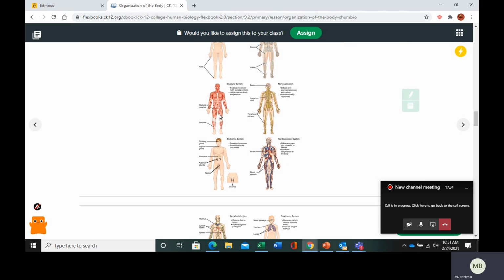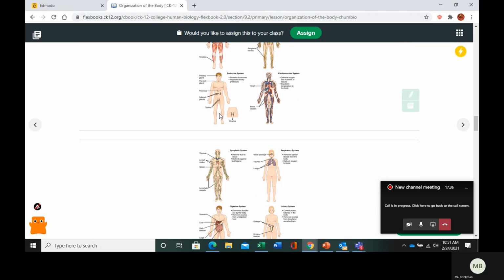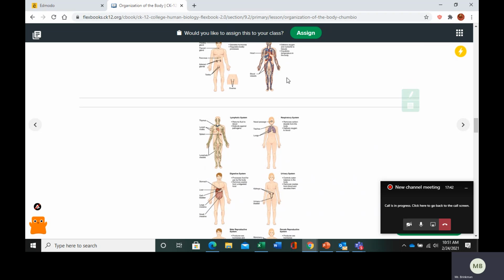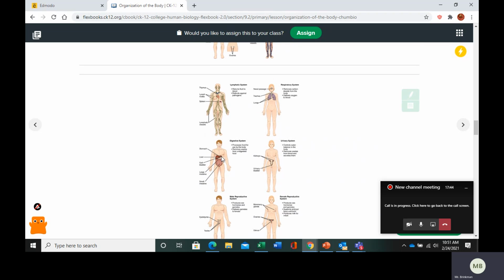For example, we have the cardiovascular system, or actually let's go to the digestive system, because this one has a lot of organs working together. So the digestive system, you have the stomach, the liver, gallbladder, intestines, and those all work together to digest your food.